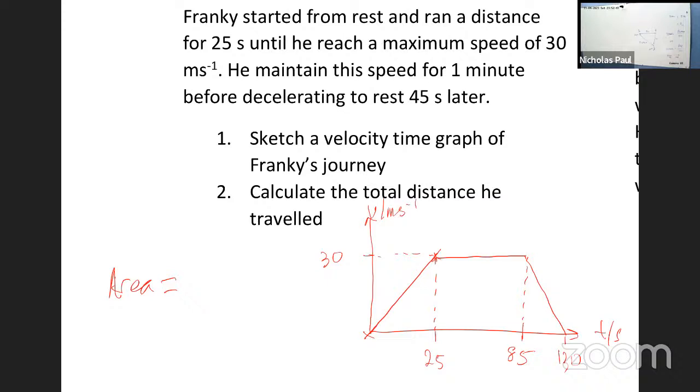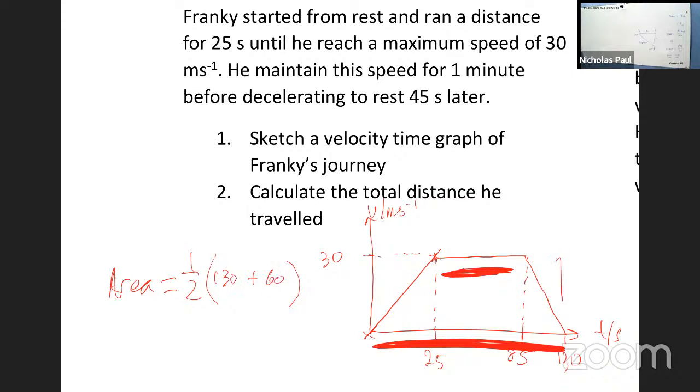All right, let's see what you got. I am using the trapezium rule here. What's the formula for the trapezium? Half the sum of the parallel sides times the height. So it's half the sum of the parallel sides, that's here and here, so that's 150 plus 60, times the height.